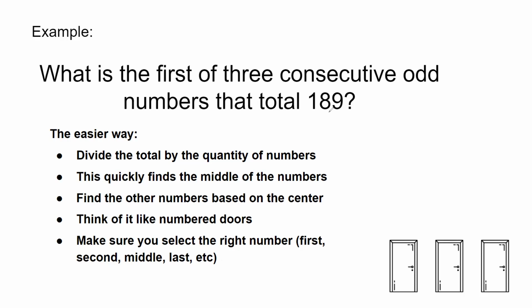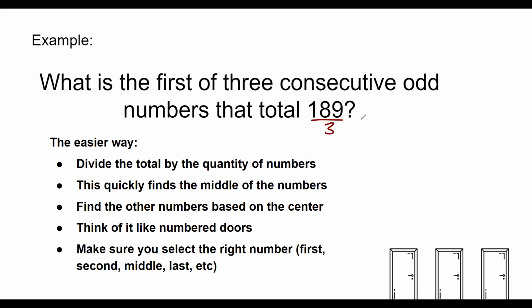We're going to start out by dividing 189 by 3 because there's 3 numbers. When we do that, we get the number 63. I encourage you to do that in your calculator. You get 63. Now, the reason I'm showing 3 doors down here is I always, for some reason, think about this like doors. This door must be 63. And we have consecutive odd numbers.